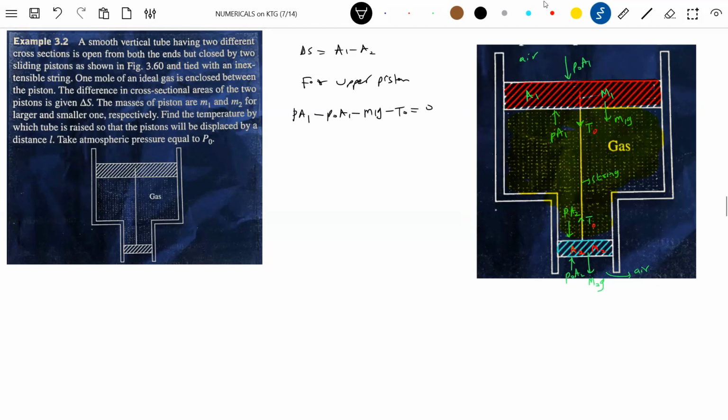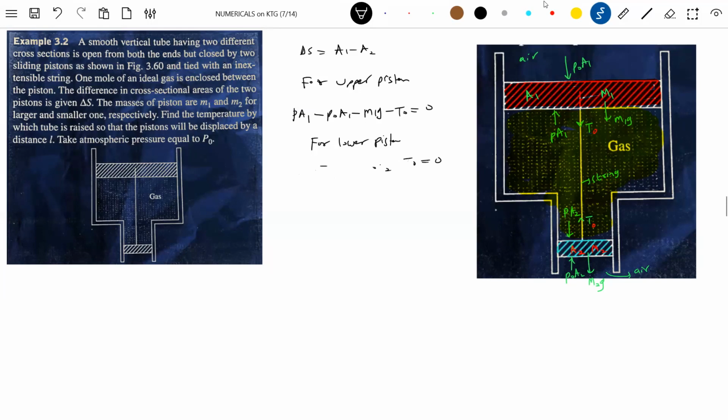Now for lower piston, PA2 plus M2G minus P0A2 minus T0 equal to 0.